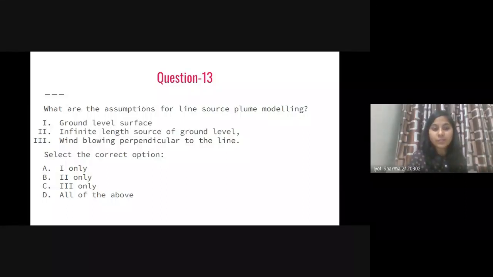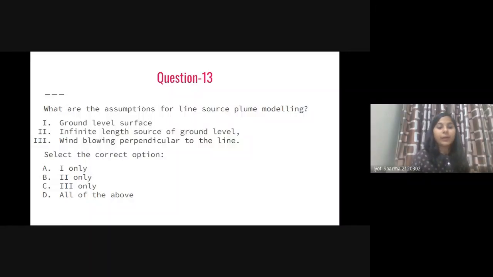Our assumption is that the line source will be only at the ground level, and will not take any height. The second thing is the length of that line source, we will consider it infinite.